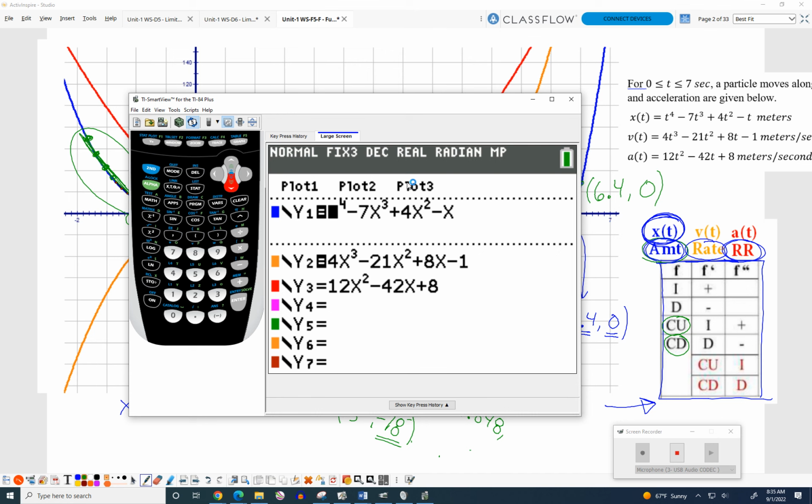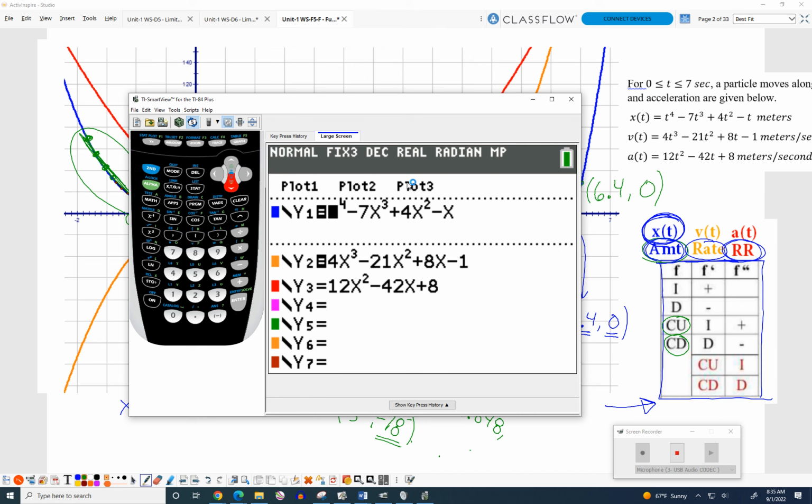When the particle is moving left, the velocity is always negative. You need to memorize that. It's easy to memorize if you use Danica's chart, because it says right here, if the position is decreasing, that means the particle is moving left, that means the velocity will have to be negative.